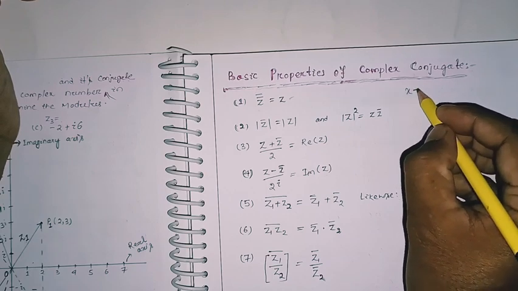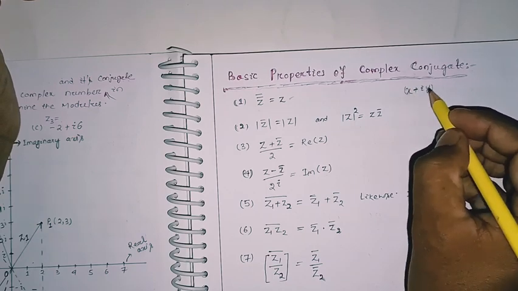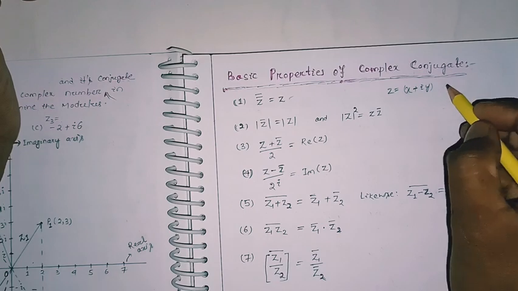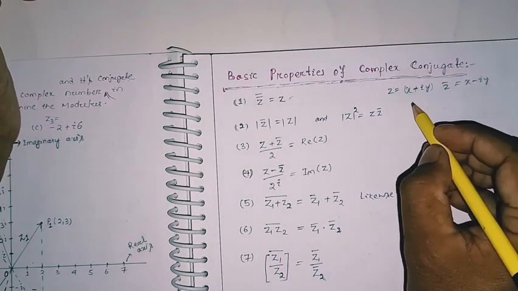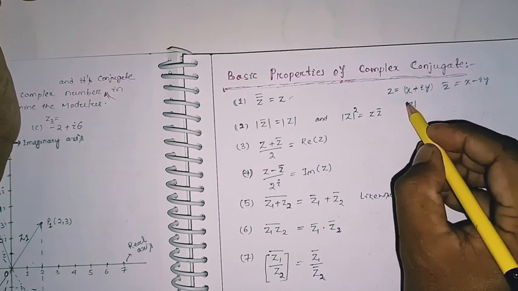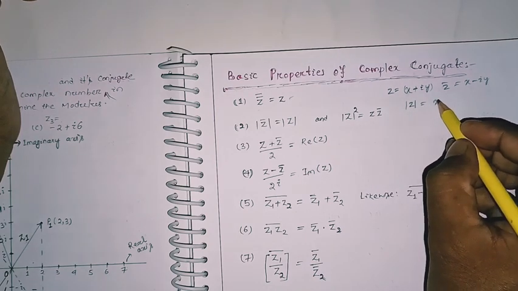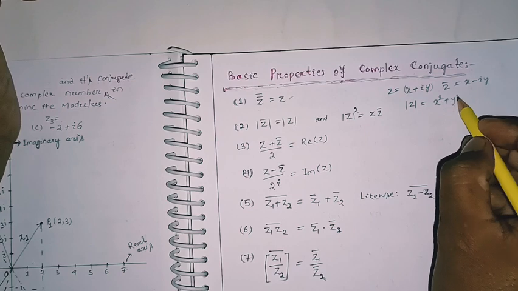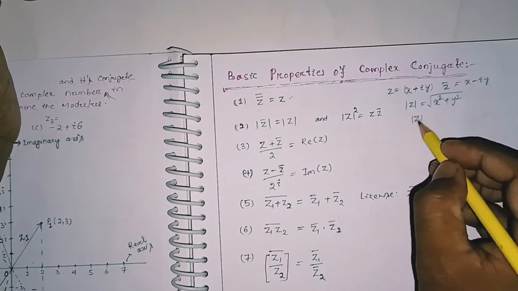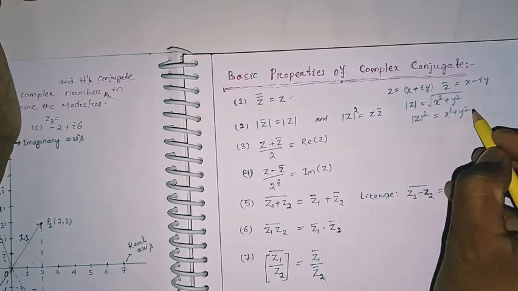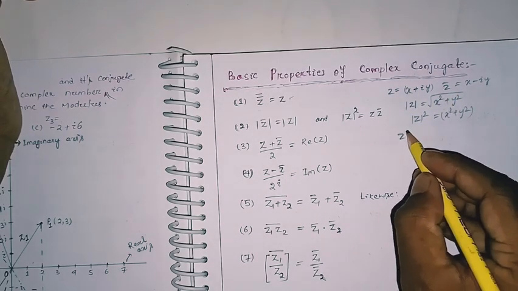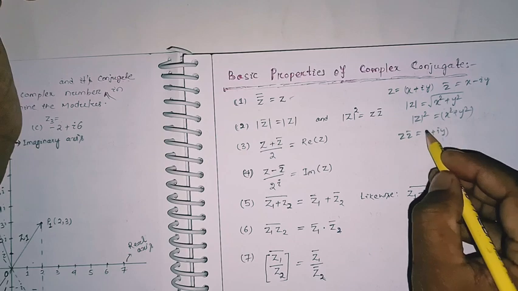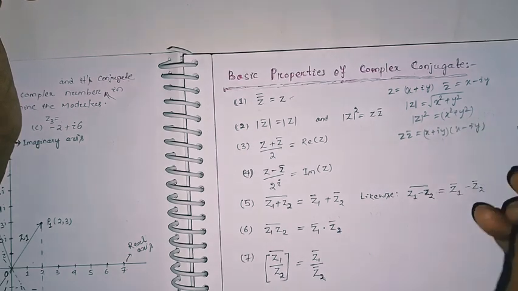It is somewhat simple. Suppose we consider z as x plus iy, and z bar is nothing but x minus iy. The modulus of z will be the square root of x square plus y square, right? So the modulus of z squared will be x square plus y square. Now multiply these two: z into z bar, that is x plus iy into x minus iy.